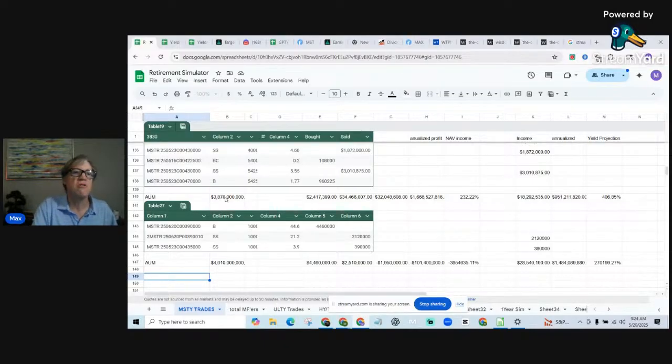Look at the assets under management on Thursday night, and this is Friday.